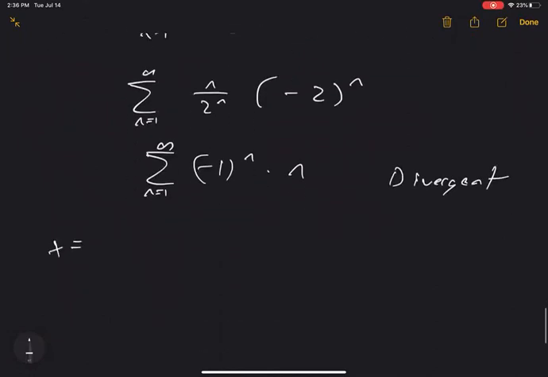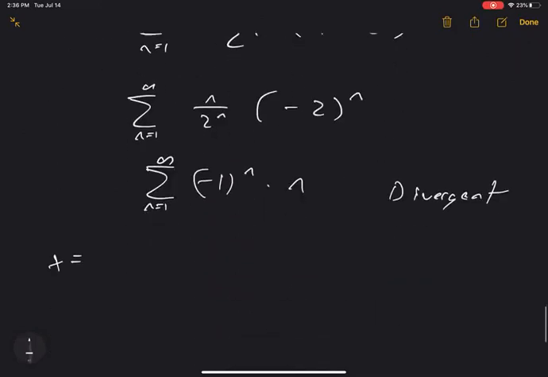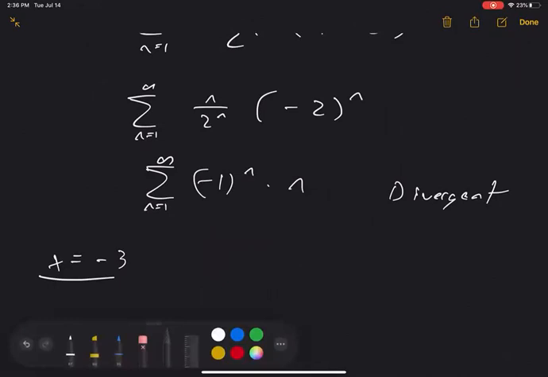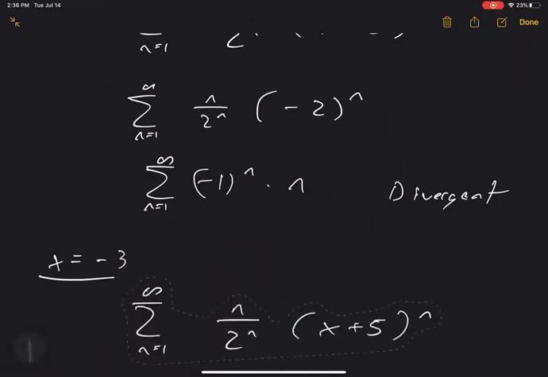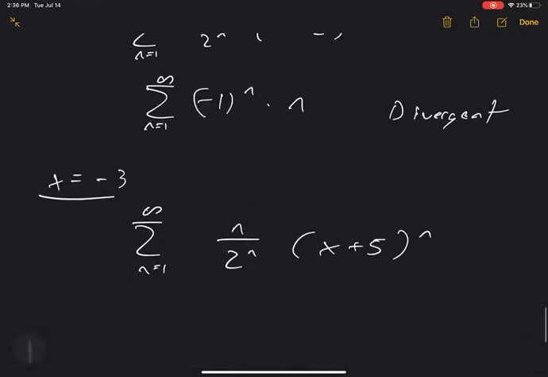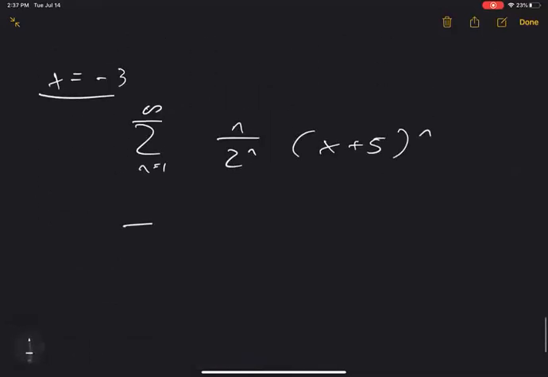Now let's try x equals -3. Again, I'm plugging that into here. When I plug in x equals -3, I get positive 2^n.